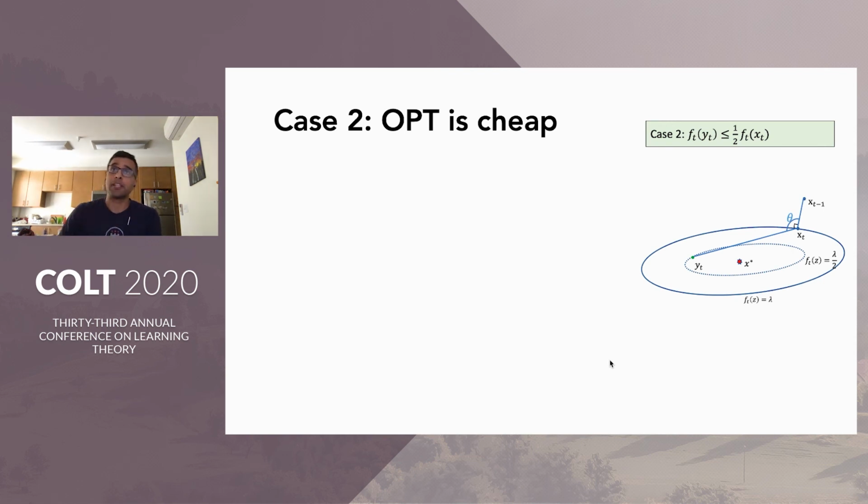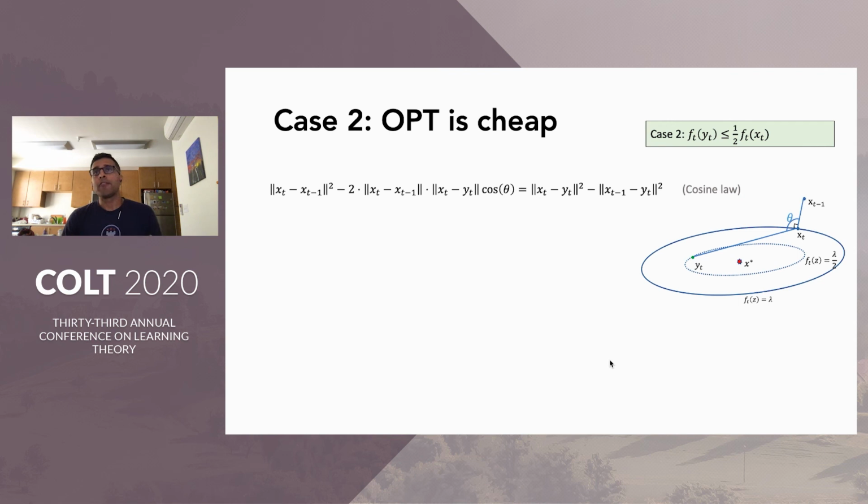Let me draw a picture. In this case, opt has been projected to the level set lambda, which is the outer ellipse. Alg has been projected to the outer ellipse, whereas opt lies in a much smaller ellipse. So maybe it lies at yt, which is at the ellipse defined by the level set of lambda over 2.